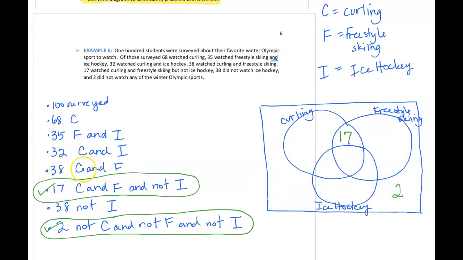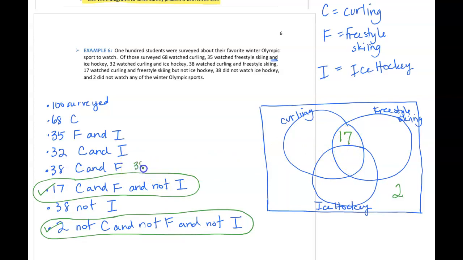Let me try to be specific with 2 sets at a time. Let's look at 38 people watch curling and freestyle skiing. Curling is here on the left, freestyle skiing is this set on the right, and they overlap in this center football shape. Together, that needs to add up to 38, but 17 are already listed in that space.